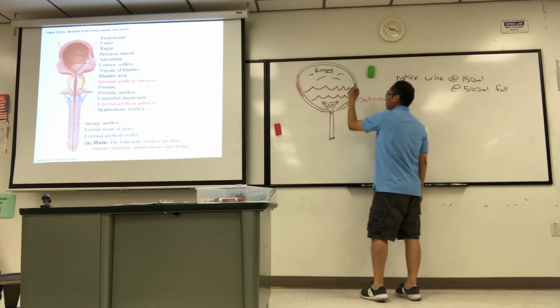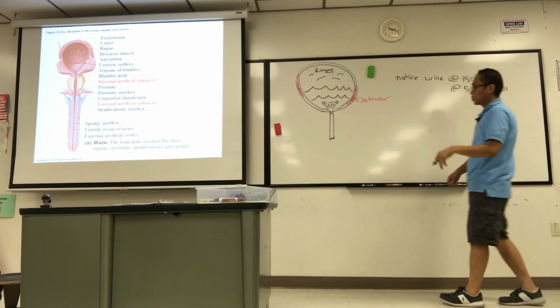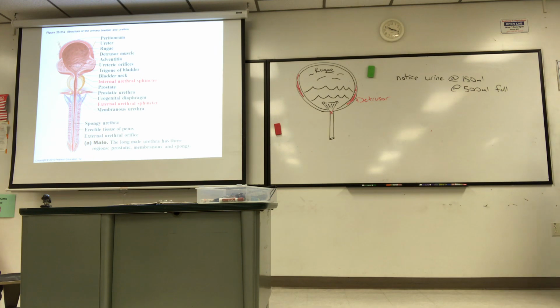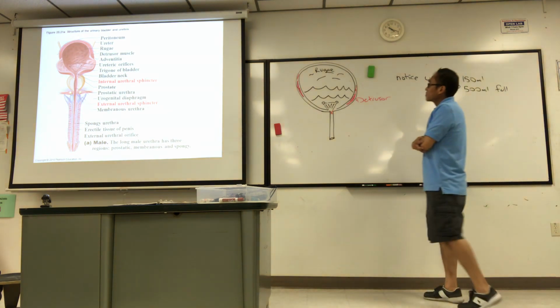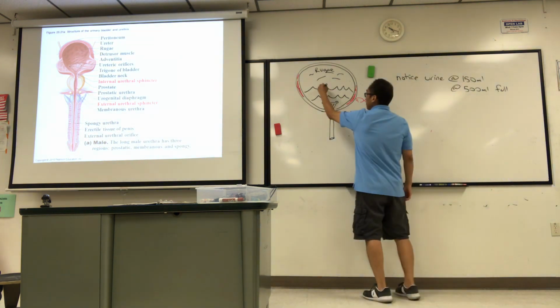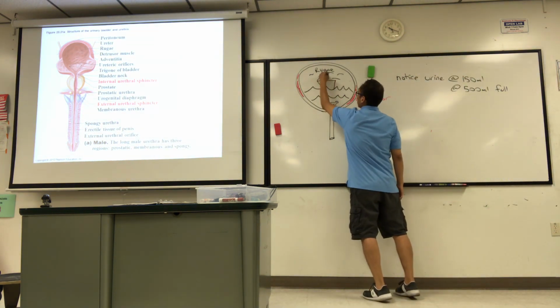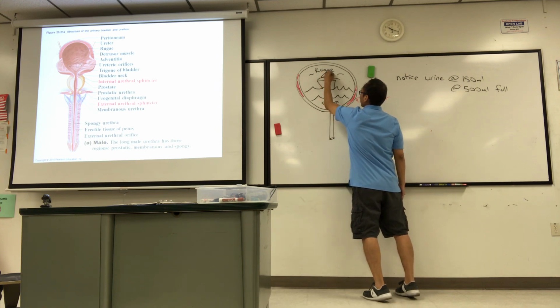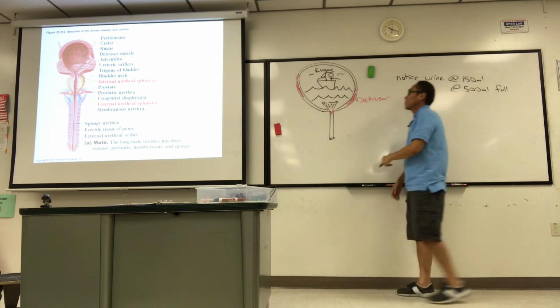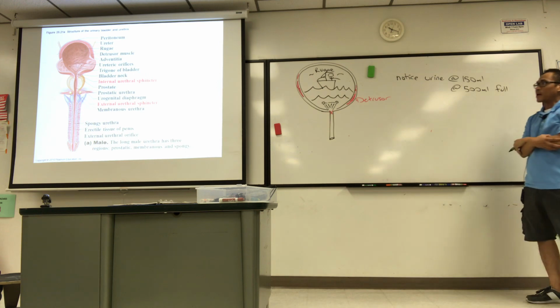I think it maxes out at about a liter. Okay, you can Google that, but you got to go at about 500 ml. And I always remember my anatomy professor. He drew a boat and he put like a person in there, illustrating to us that there's a lot of fluid that the bladder holds.